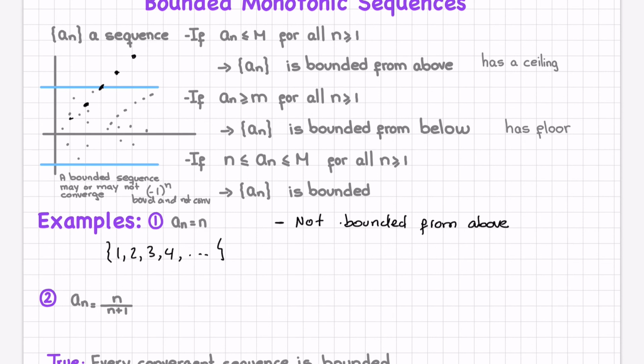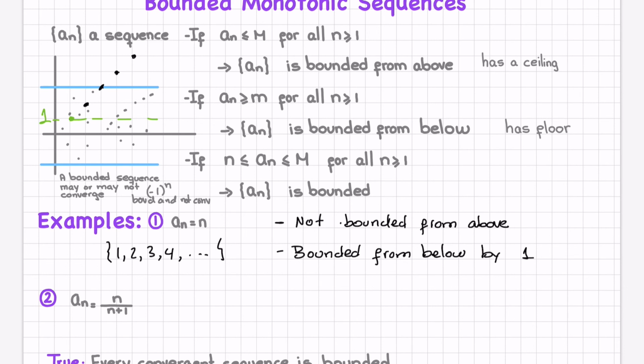But it is bounded from below by 0 or 1, right? What is the largest bound? 1, because that is an element there, and then the rest are all bigger than 1. So it is bounded from below by 1, right? This 1 here is bounding it.